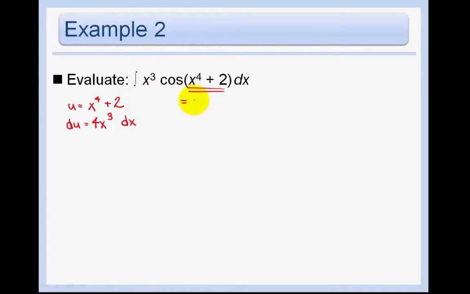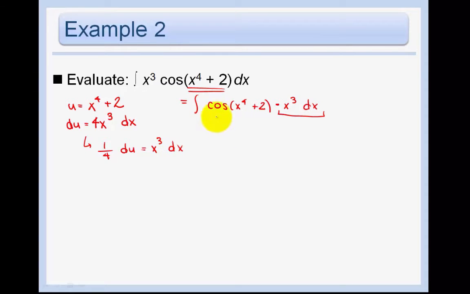Let's just rewrite this, how we're hoping for it to work out. Just reordered things. So no, you don't see a 4x cubed dx, but you do see an x cubed dx. So let's just say, well, 1/4 du equals x cubed dx, right?